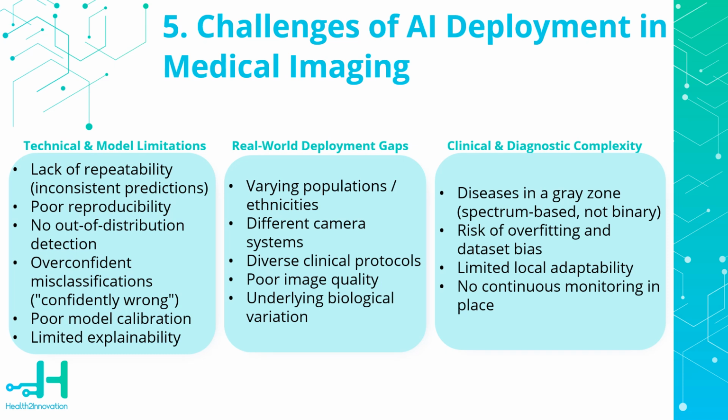Most diseases are not black and white. They exist in a diagnostic gray zone that requires models to make nuanced decisions. If a system overfits or carries hidden biases, its value in real-life settings drops significantly. Additionally, the lack of continuous monitoring can make it difficult to track performance over time, a key requirement for long-term trust and compliance.